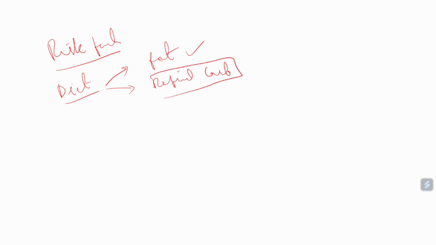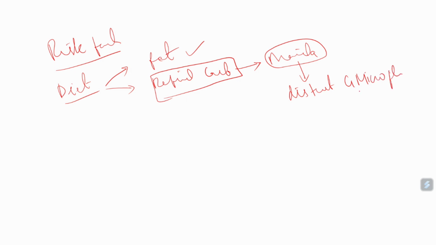When refined carbohydrates are taken, they are not easily absorbed from the GI tract. Remember that, like maida, it will stay in the large intestine for a long period of time. And not only maida, all refined carbohydrates will try to disturb the gastric microflora. We have gastric microbiota, so many microorganisms which are useful for our body.